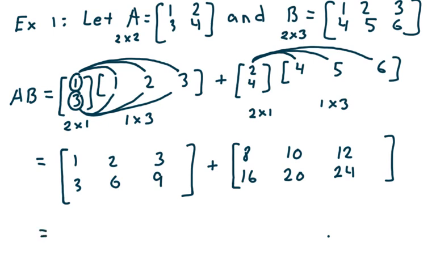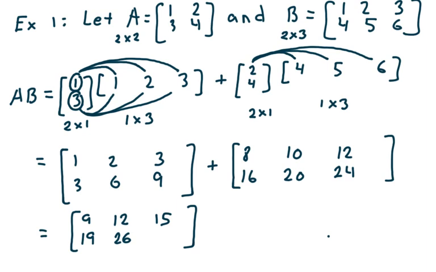And then all I have to do is add up the corresponding entries to get the sum. So 1 plus 8 is 9. 2 plus 10 is 12. 3 plus 12 is 15. And then 3 plus 16 is 19. 6 plus 20 is 26.